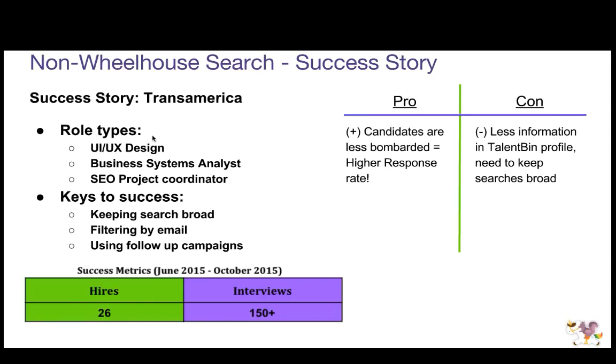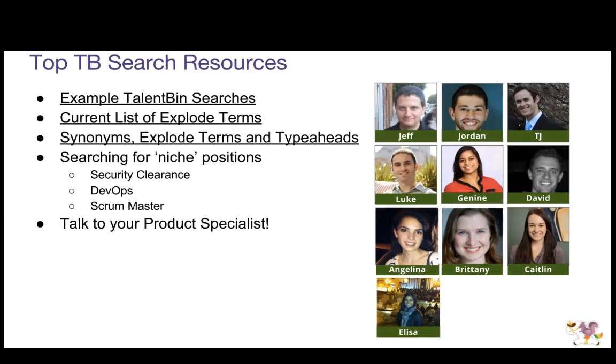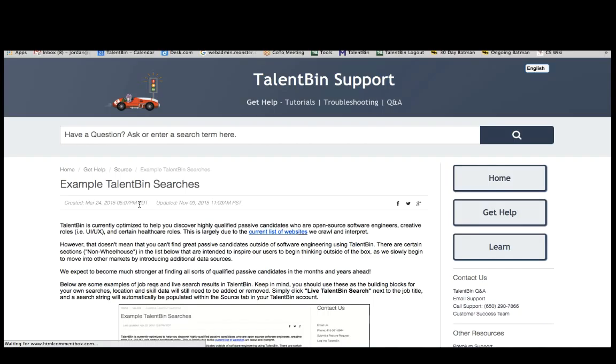Now, all that being said, that's a good segue right into our final slide, which is going to review a little bit more of our search resources we already have available. So let's just take a look here. We actually have a list on TalentBin support of some example TalentBin searches.